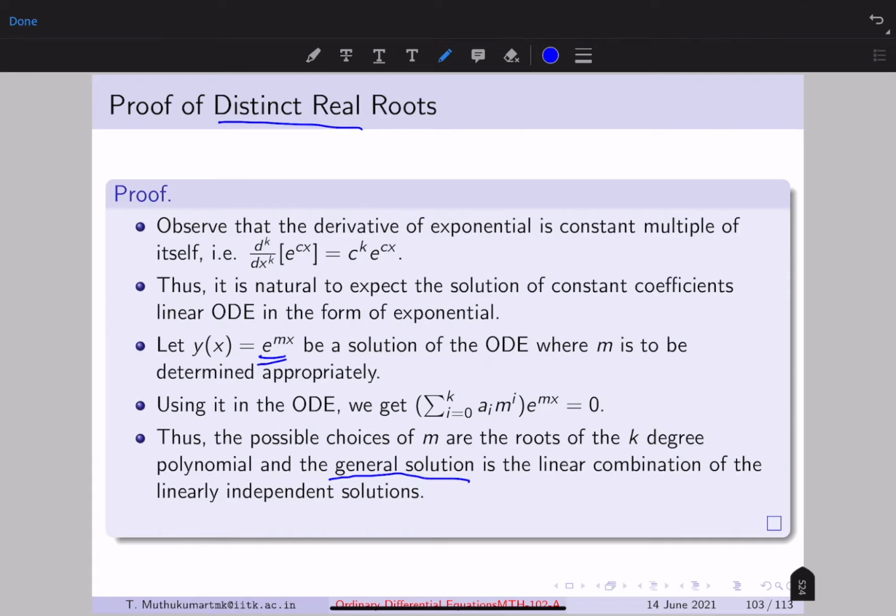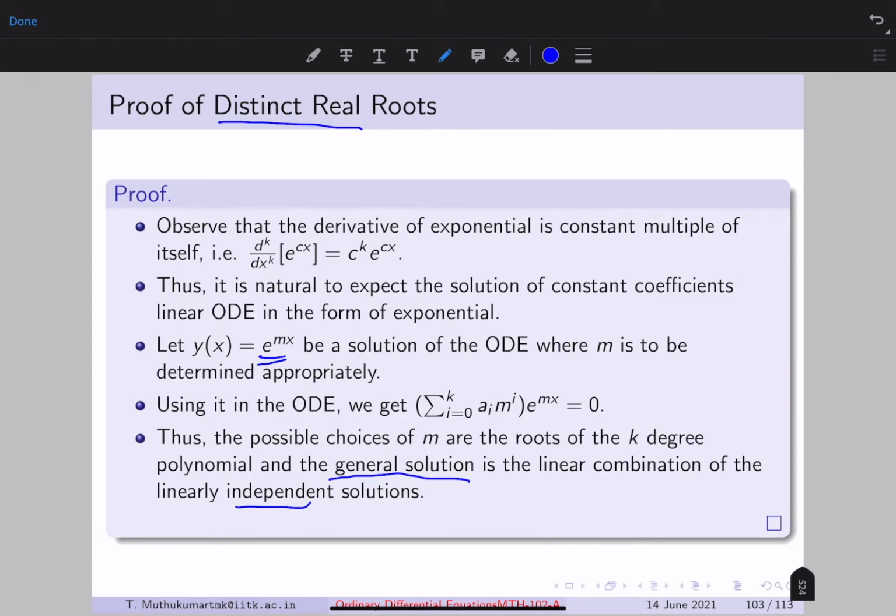And how do you check that for k distinct roots they are linearly independent? You can use the Wronskian. You have k functions which are all exponential: e power m1x, e power m2x, and so on up to e power mkx.